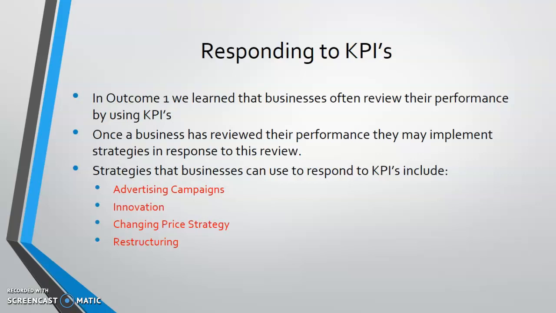Advertising campaigns, so to increase the sales. Innovation, making changes in the existing product, or making altogether a new product. Again, changing price strategy, so changing the prices of the product, making it cheaper or expensive depending upon what the market is, and restructuring as well.